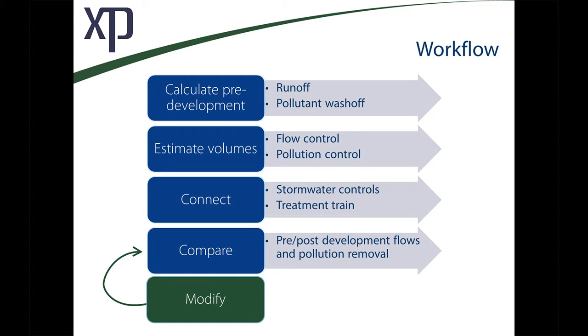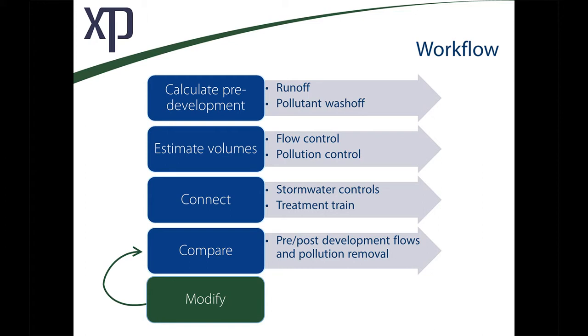So what we're seeing is that in order to build these treatment trains, these connected stormwater management devices, or stormwater controls as we refer to them in the software, we're typically running through a workflow that is kind of repeatable. So we tend to need to always look at our pre-development site, calculate what's happening there, find out what the runoff is, the volumes, and the pollutant wash-off. Then we want to estimate how much volume do we need for flow control and for pollution control.